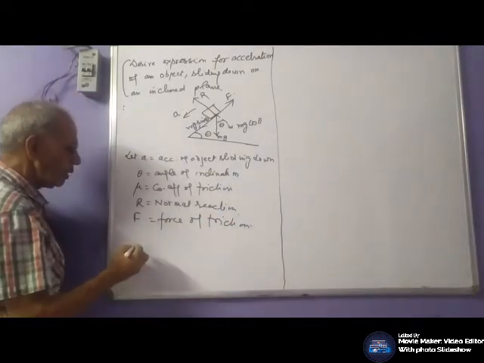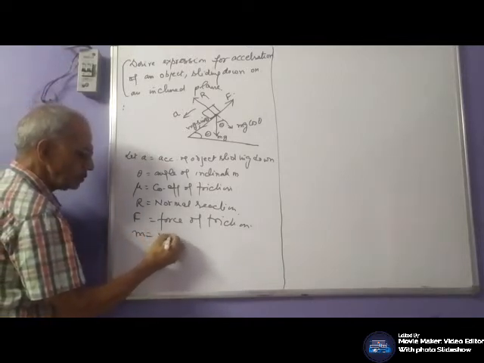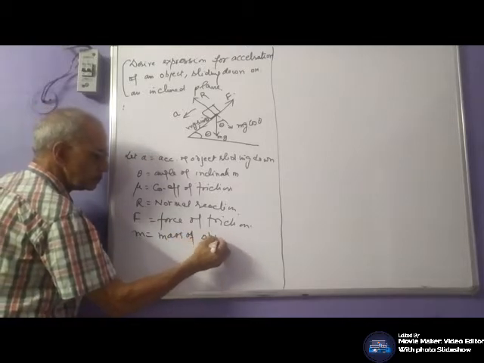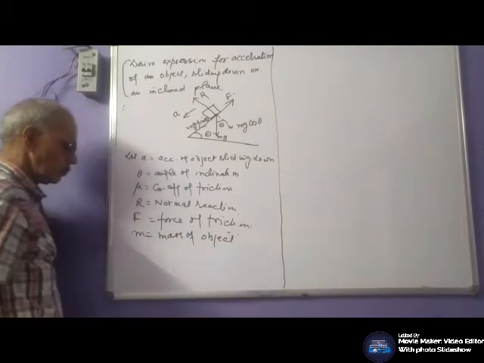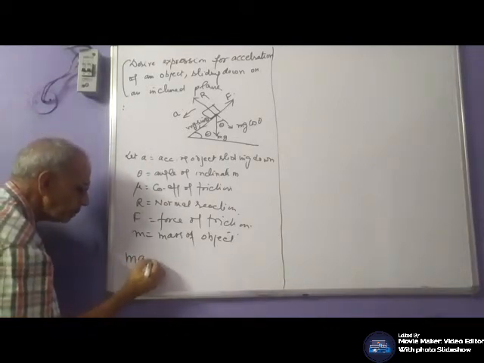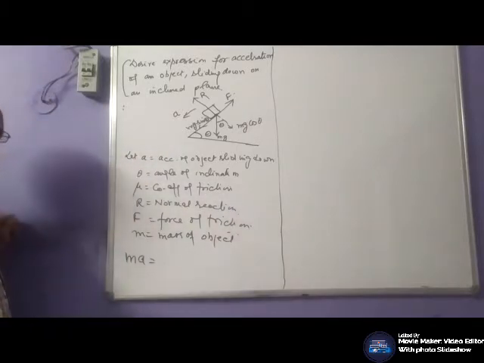Now downward, m is mass of object. Downward force is ma. Why? a is acceleration, m is mass, the force is ma.